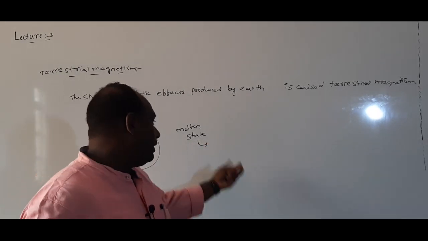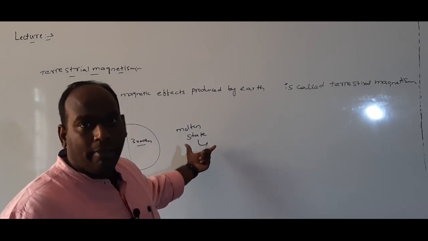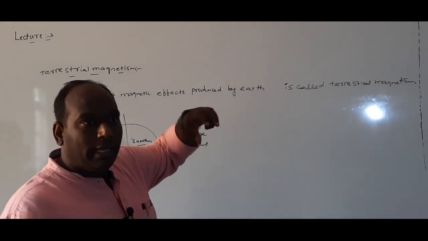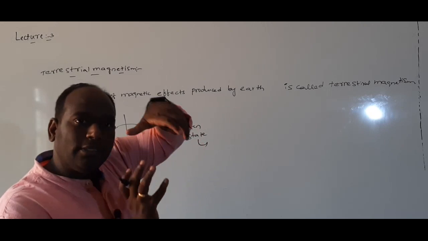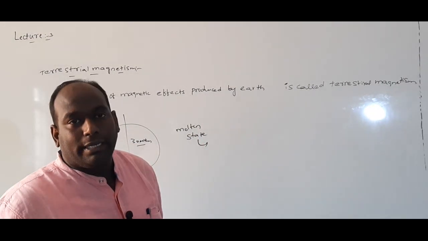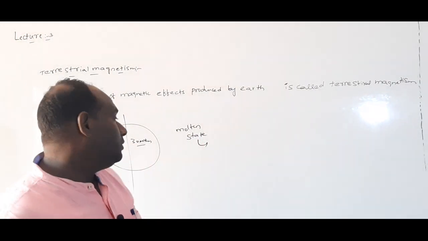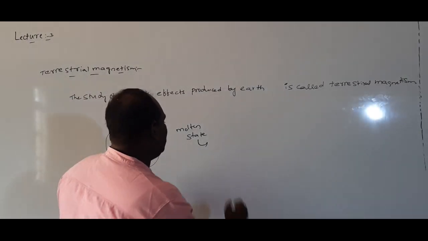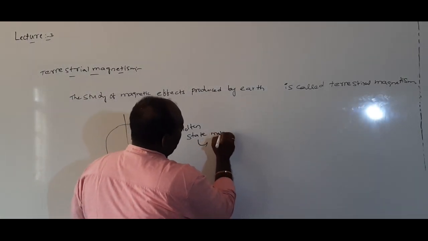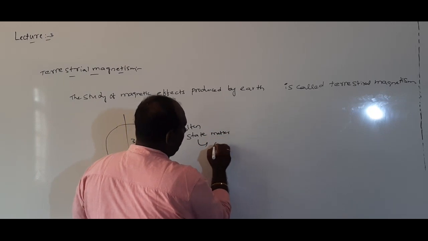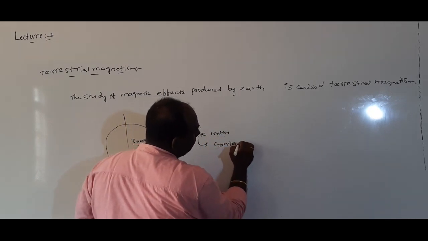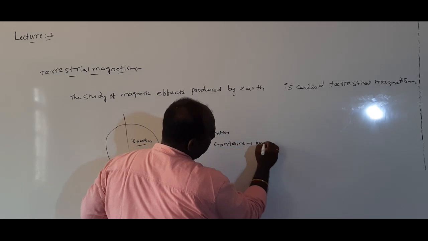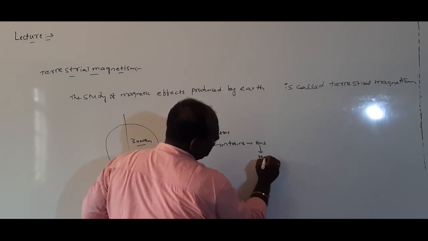Here a molten mass does not have any bonded atoms. It has ions. These ions are in rotation. Motion of charge is known as electric current. So this molten state matter contains ions, and the ions are in motion.